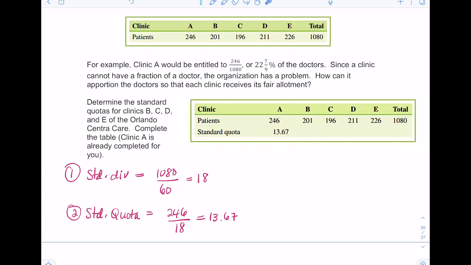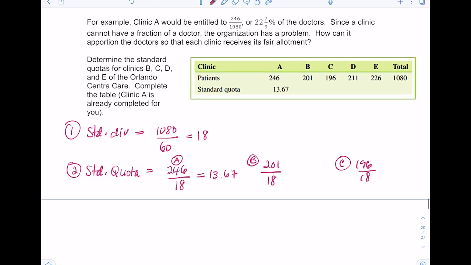That's how we get the standard quota, and we're going to do that for all the clinics. For Clinic B, we take 201 divided by 18. For Clinic C, 196 divided by 18. For Clinic D, 211 divided by 18. And for Clinic E, 226 divided by 18.